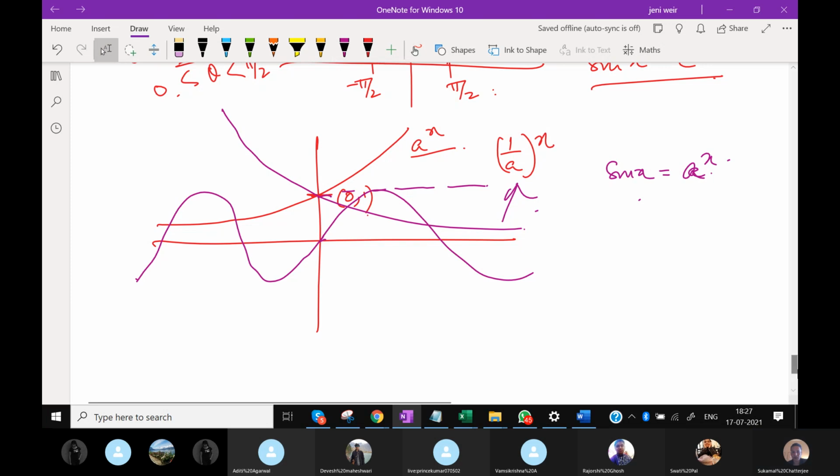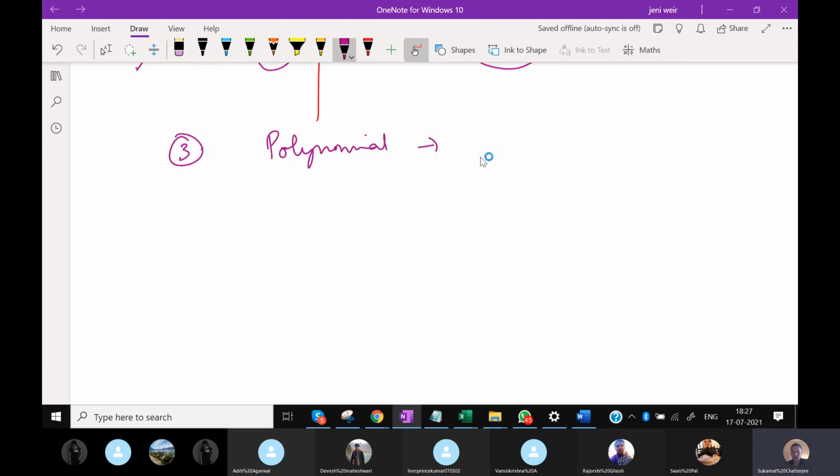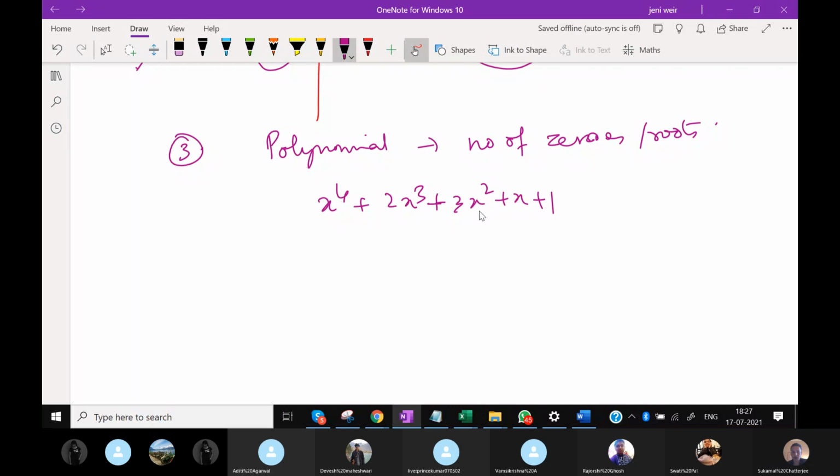The next important concept is when you are given a polynomial and you are asked to find the number of zeros or number of roots. Let's say the polynomial is x to the power 4 plus 2x cube plus 3x square plus x plus 1. Now you have to find the number of roots.